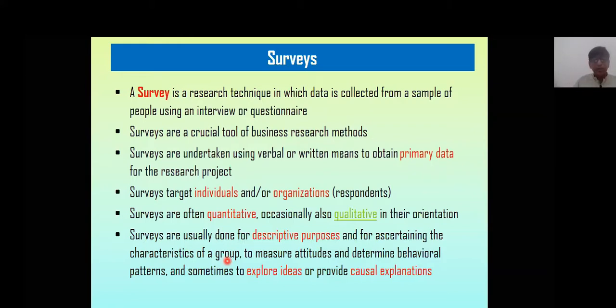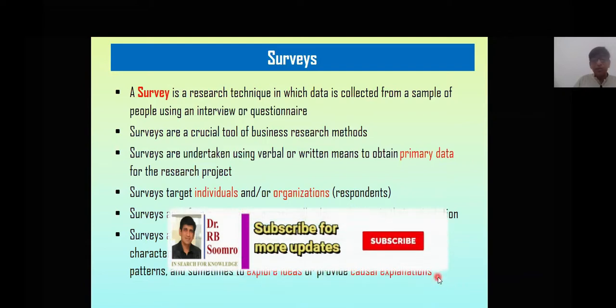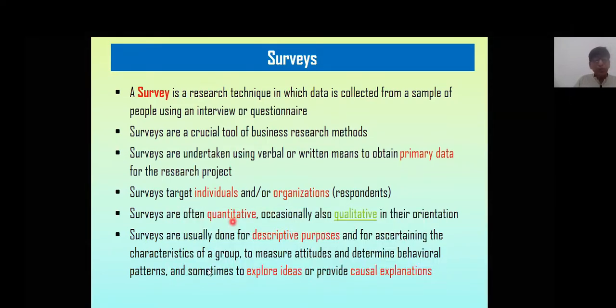They also measure attitudes and determine behavioral patterns, sometimes to explore ideas or provide causal explanation. So sometimes we can do this survey for the purpose of exploratory research and for cause and effect research.